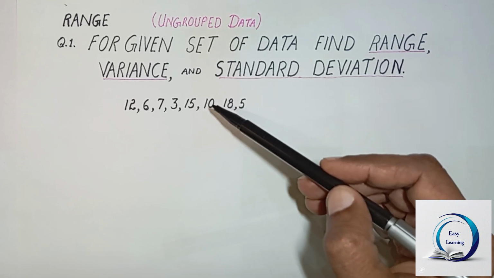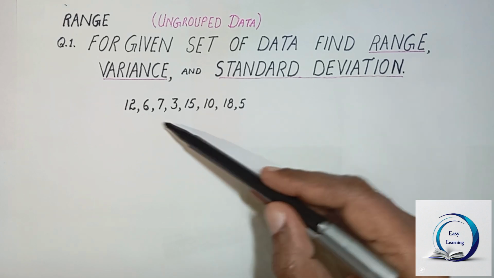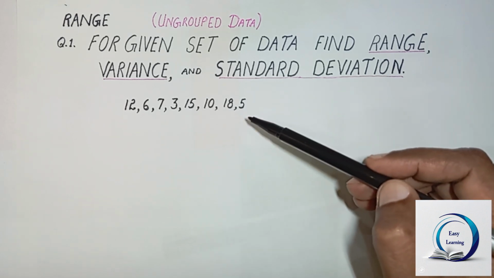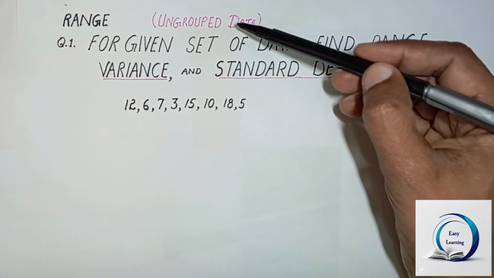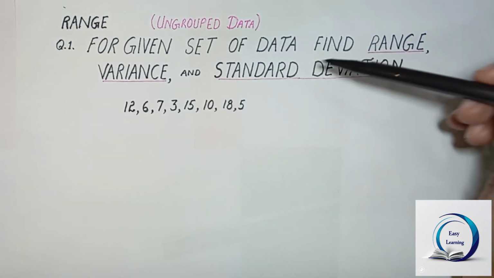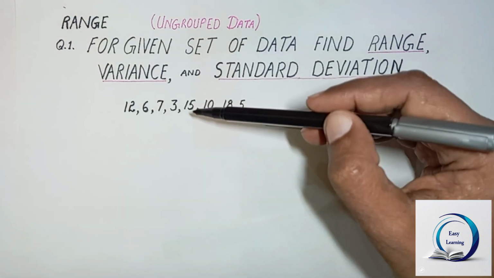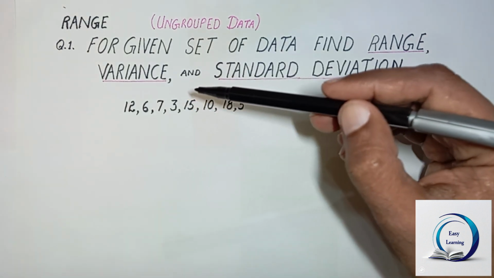Here students, you can see that we are given simple data, no frequency is given, so that is why it is ungrouped data. First we will find its range, then variance, and then standard deviation. So let's start with the range.